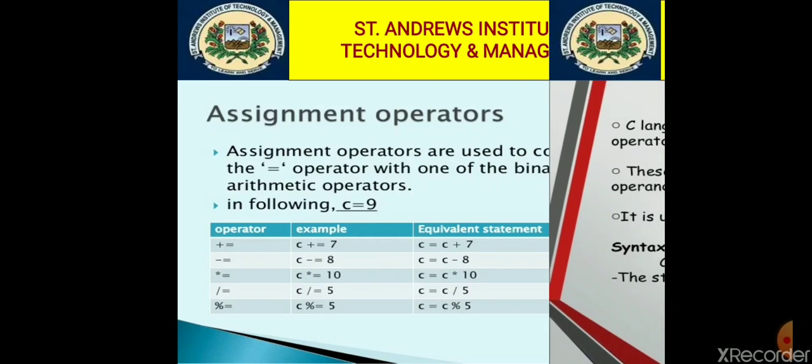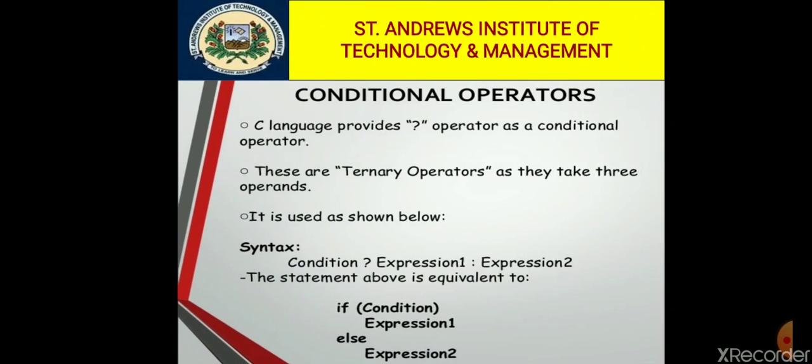The next one is conditional operators. A conditional operator is used to check a condition and select a value depending on the value of the condition. That means C language provides the question mark operator as a conditional operator. These are ternary operators as they take 3 operands.